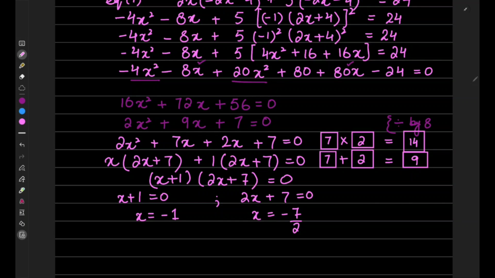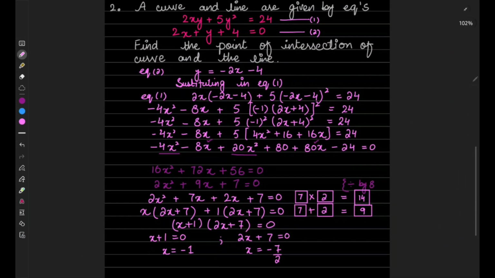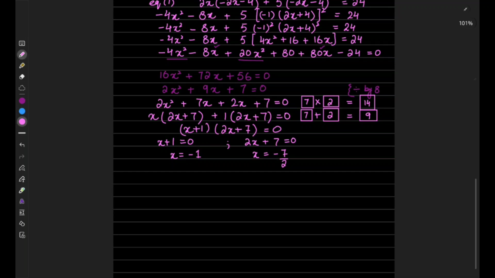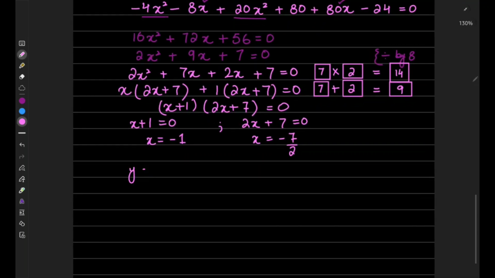But we don't just need the x coordinates, we also need the y coordinates. So taking the simplest equation to substitute the x values in, this is your y equation: y = -2x - 4.